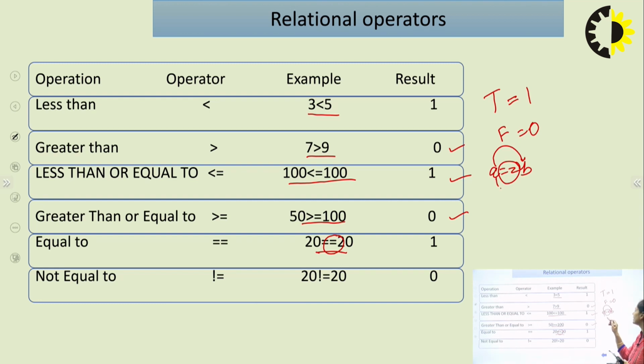It checks whether A is equal to B or not. If A is equal to B, it returns the value as true. If A is not equal to B, it will return the value as false. For not equal to, 20 not equal to 20 is false, that is why it returns the value as 0 over here.